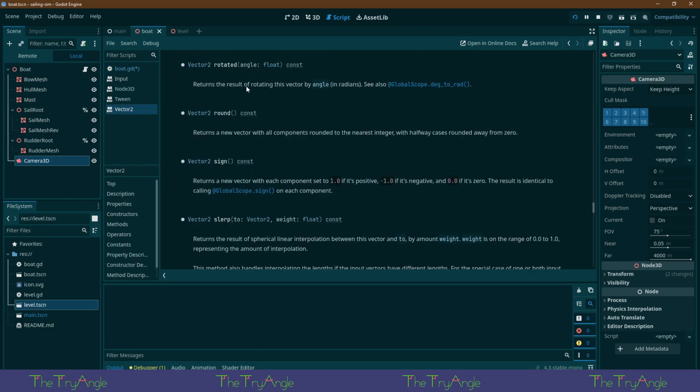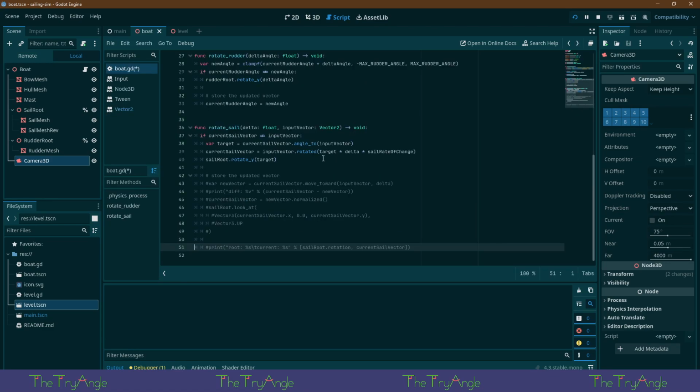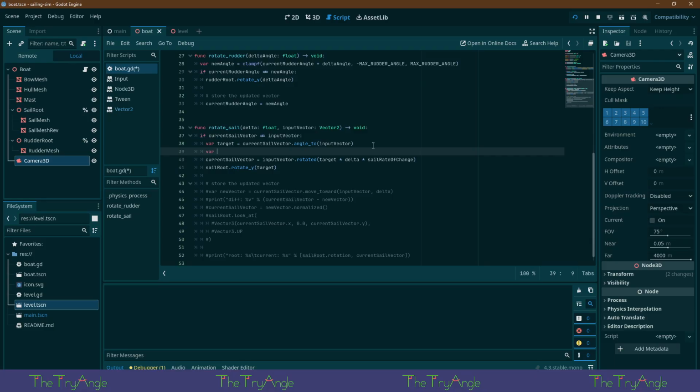See, rotating this finger by an angle. Let's say segment.